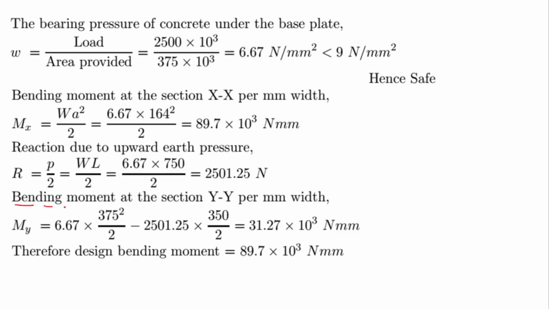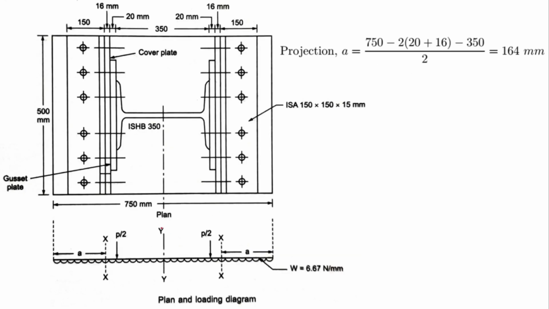Now bending moment at section YY per mm width. If you see the figure, you have to calculate bending moment over this section, that is My. If I consider first the UDL, which is small w, acting throughout the width of the base plate, this distance is 375.